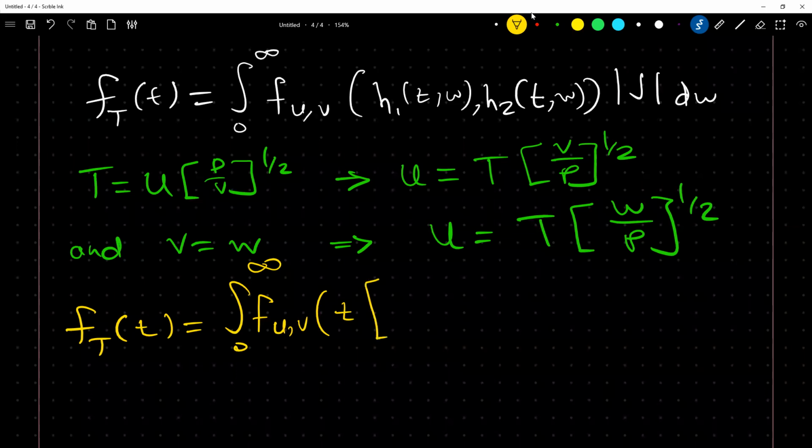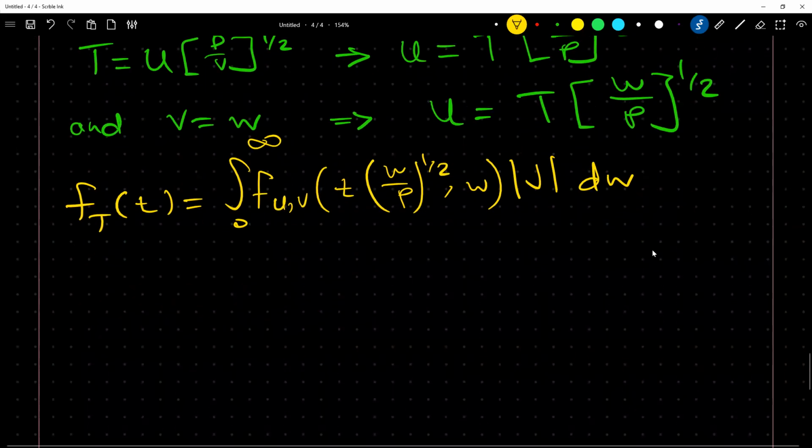T times, rather, hold on a second, let me fix this. T, and then the square root of this quotient, and then w is going to come in here, and then I'm going to put my Jacobian here, and then dw. Okay, so then now we're ready to go.